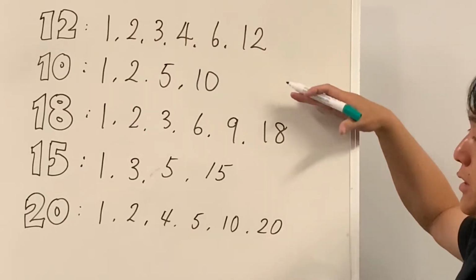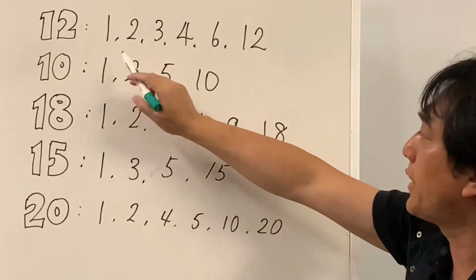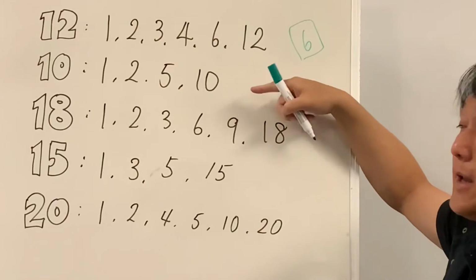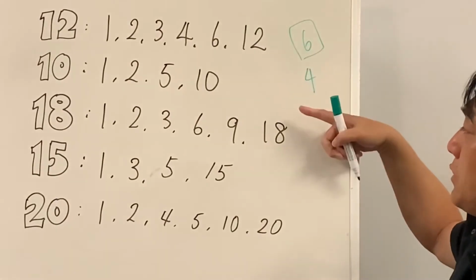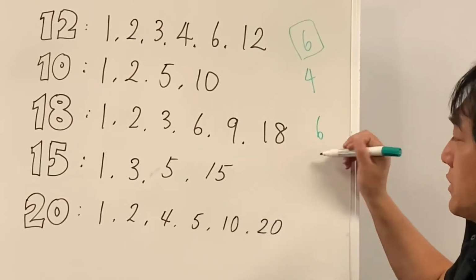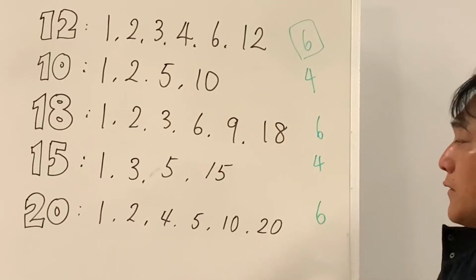We looked at these different numbers. 12 has 6 different factors. 10 has 4 different factors. 18 has 6 factors. 15 has 4 factors. 20 has 6 factors.